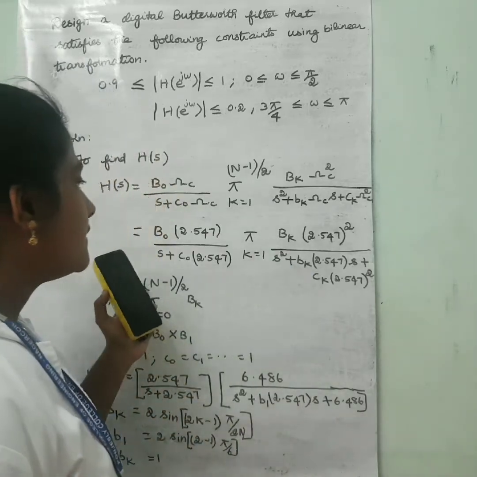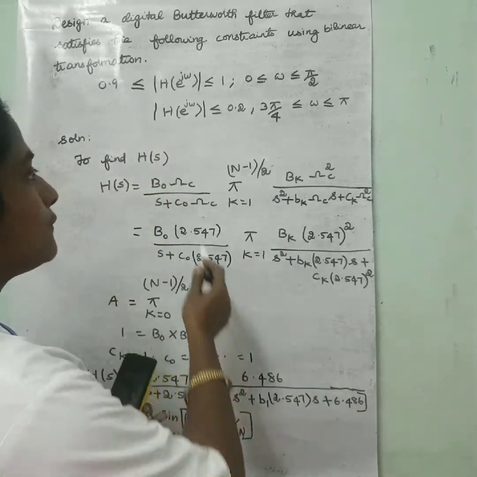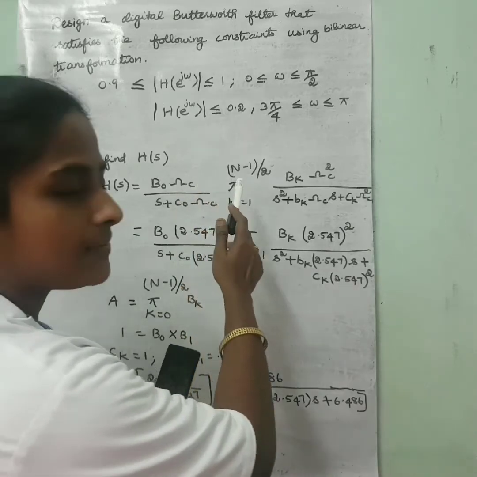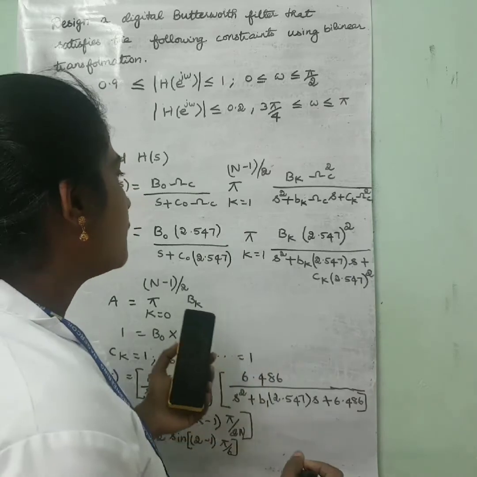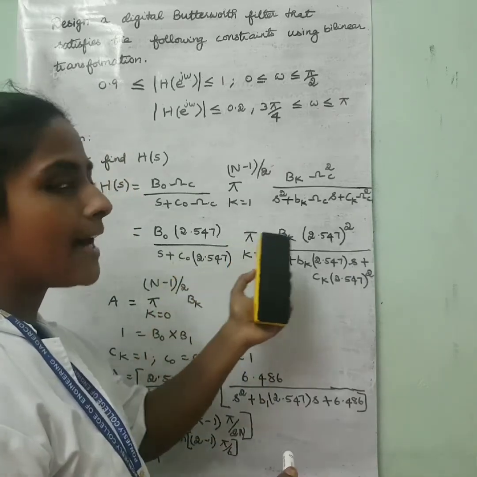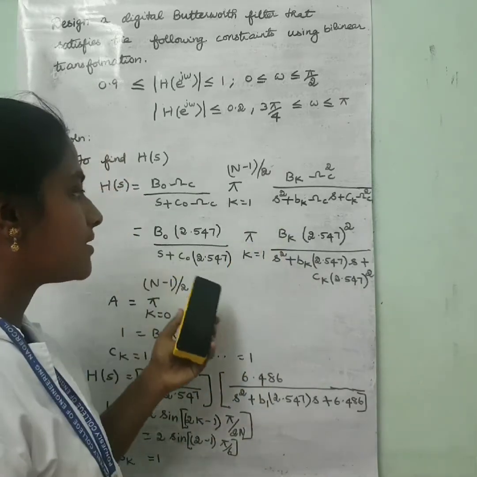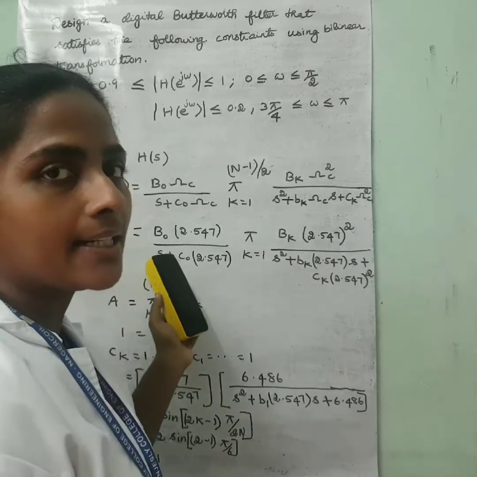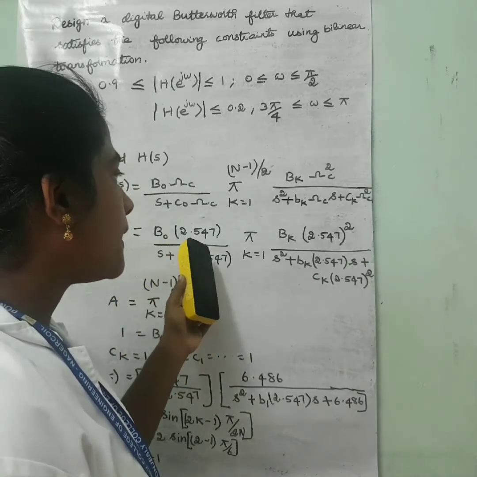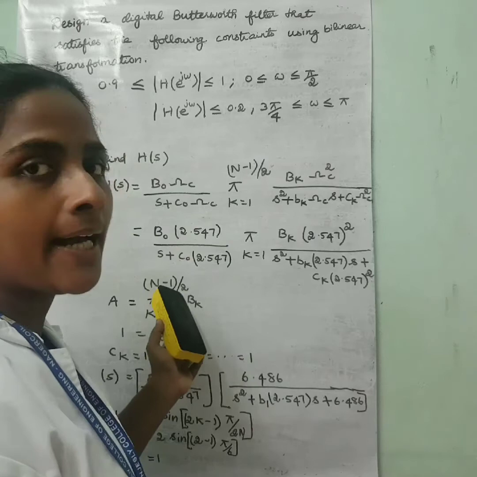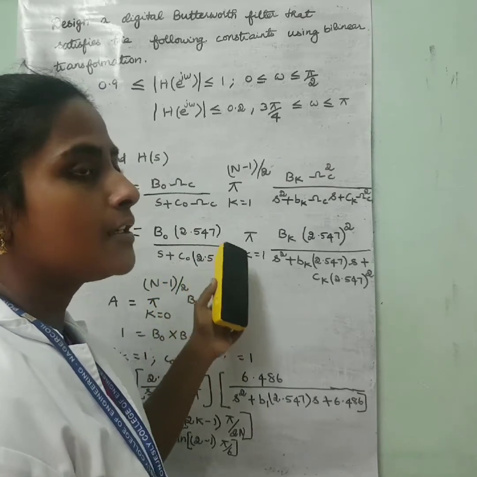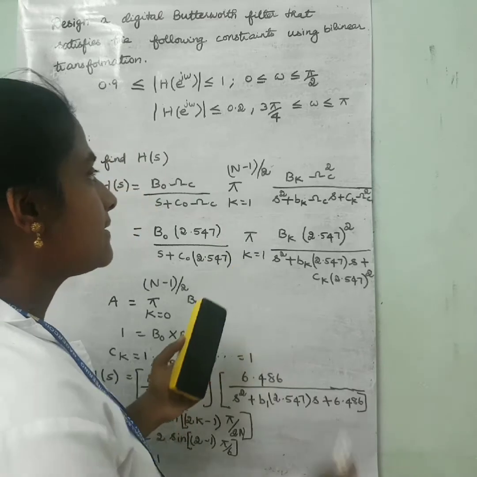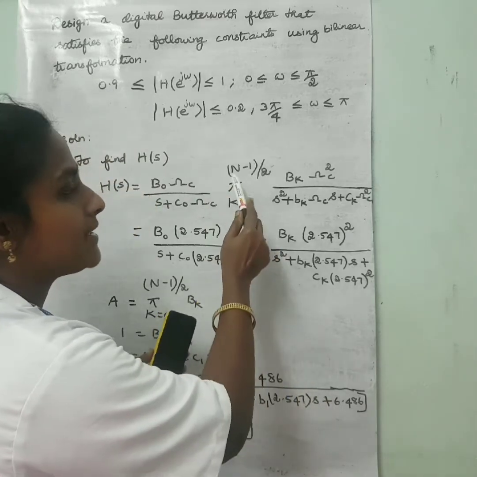We know the value of omega c, which we found in the previous class: omega c is 2.547. So substitute the value of omega c in this equation. You will get b0 into 2.547 divided by (s + c0 into 2.547) into the product, where the value of n is 3.